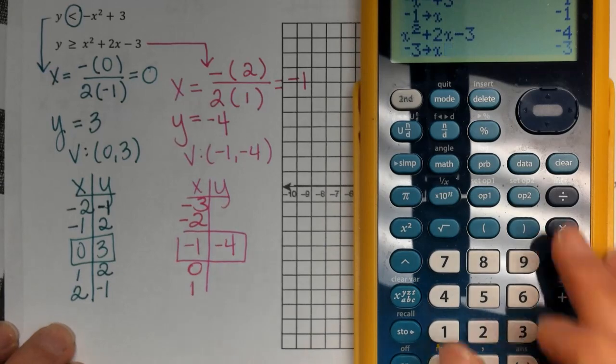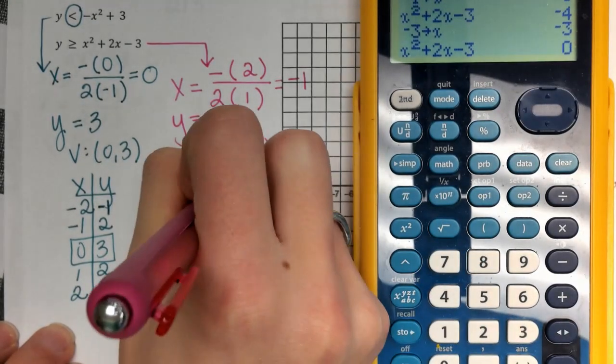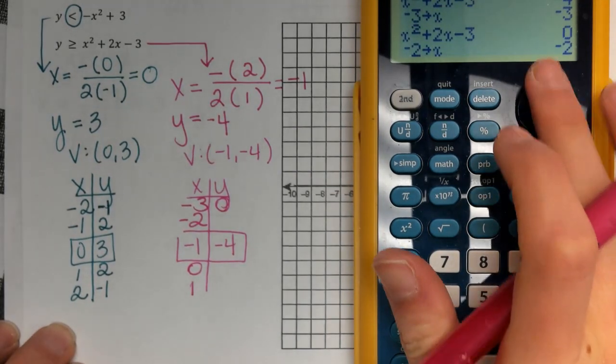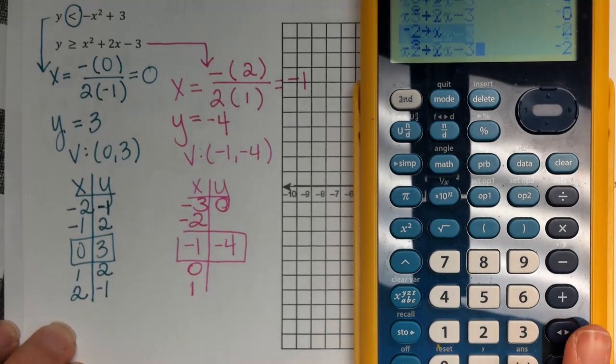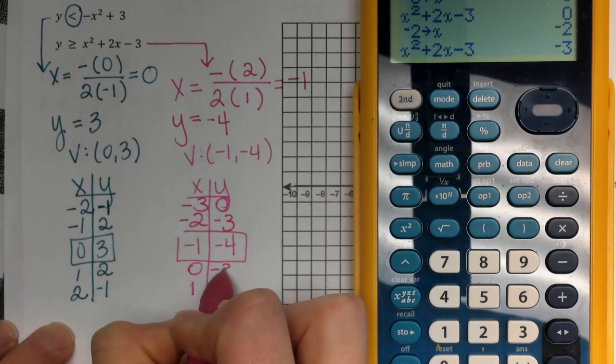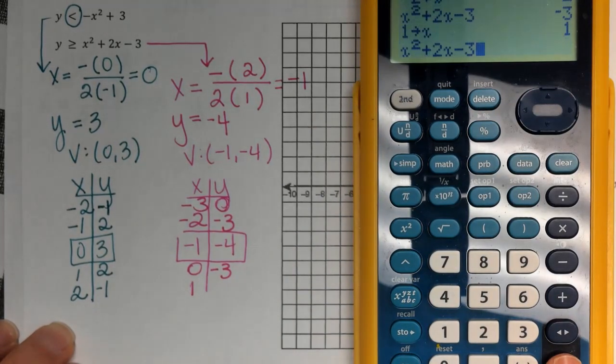So take negative 3, store for x. That gives you 0. Negative 2, store for x, gives you negative 3. 0 will give you negative 3. And 1 should hopefully give you 0.